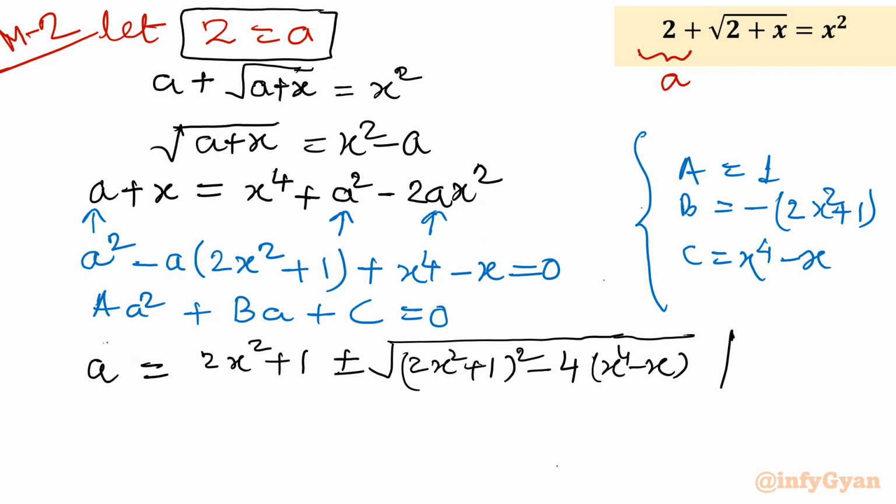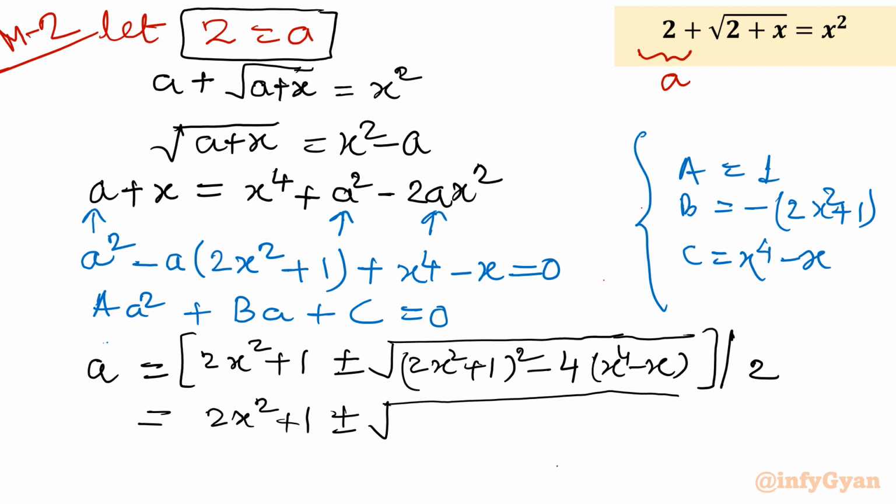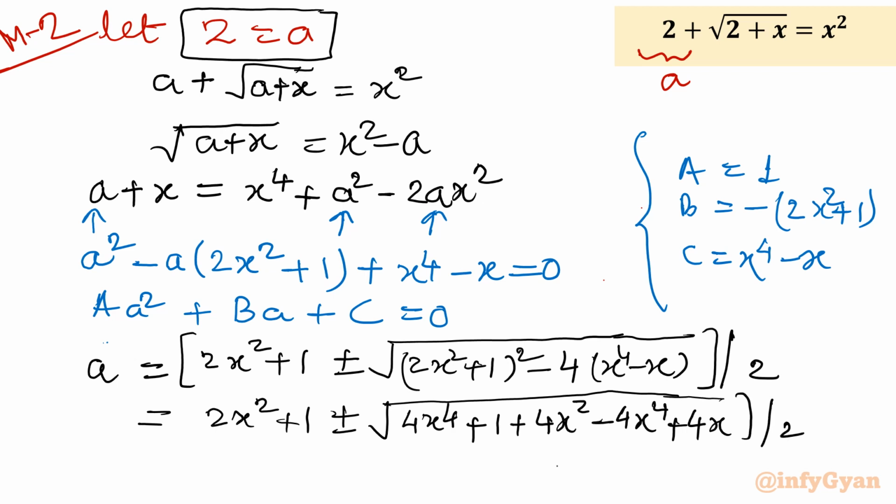And the denominator is 2. Now let's expand this one. If I expand this, then I will have 4x power 4 plus 1 plus 4x square. Whole square is done. Now expand this: minus 4x power 4 and plus 4x. And the denominator 2 is still there.